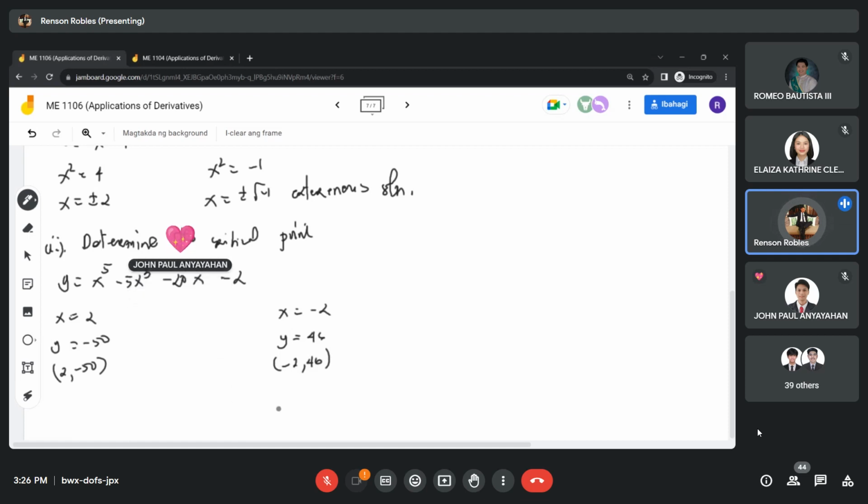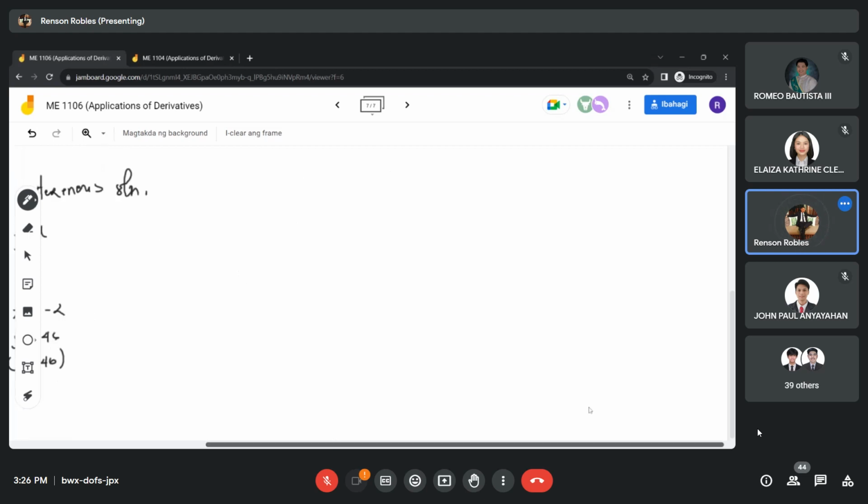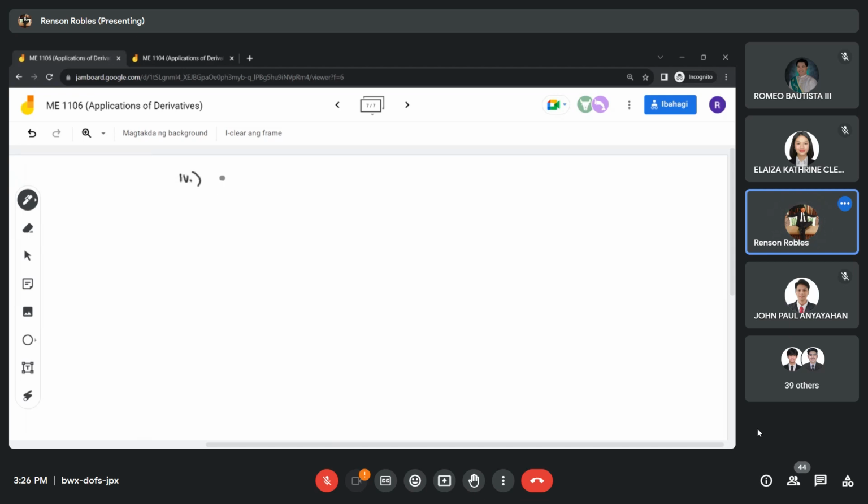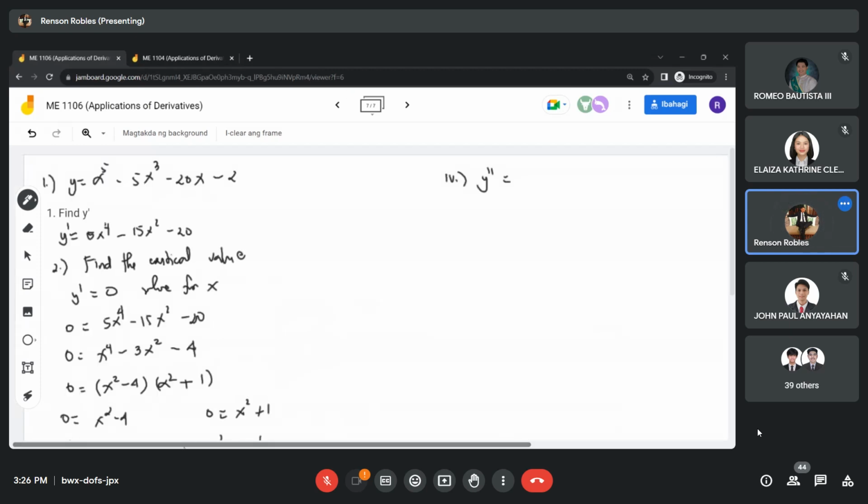And then we will identify whether this is a relative min or relative max. Okay, so how do you do that? You get the second derivative. Y double prime equals, what is y double prime?